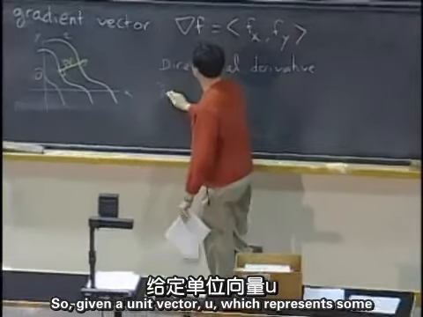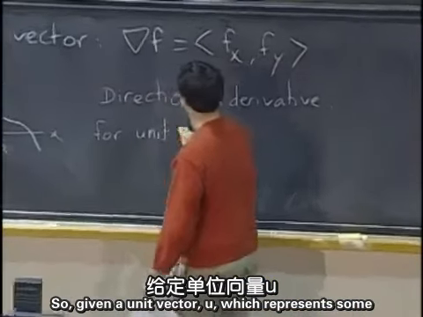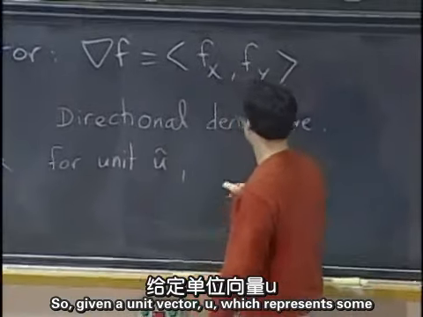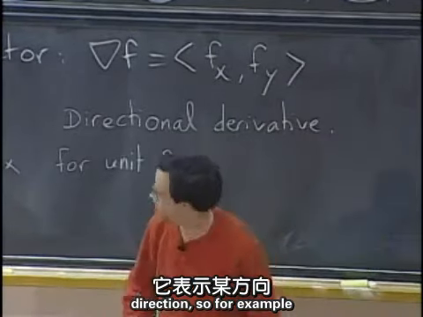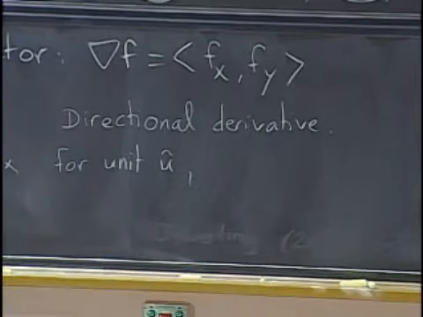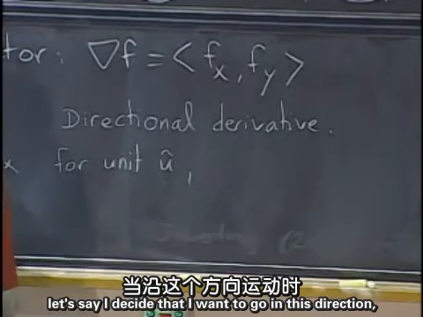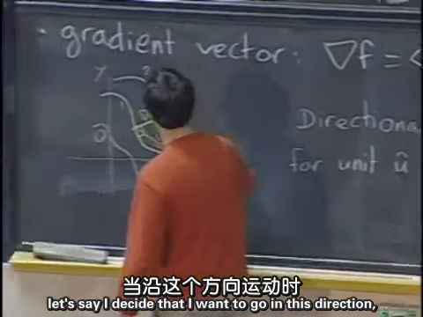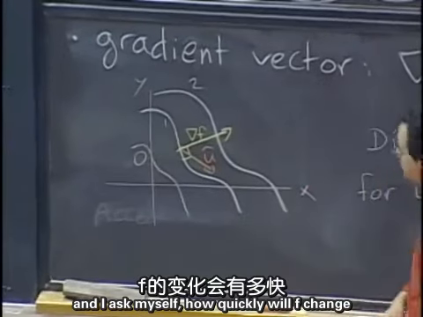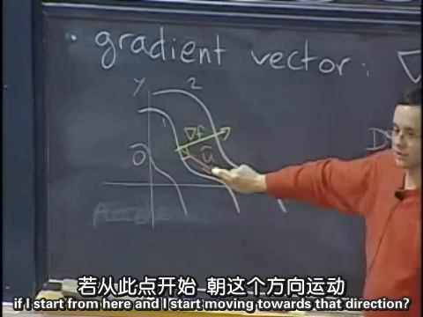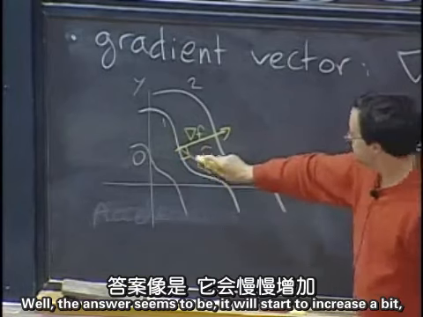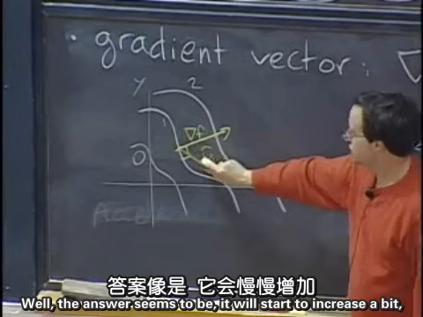So given a unit vector u, which represents some direction, so for example, let's say I decide that I want to go in this direction, and I ask myself, how quickly will f change if I start from here and I start moving in that direction? Well, the answer seems to be it will start to increase a bit.